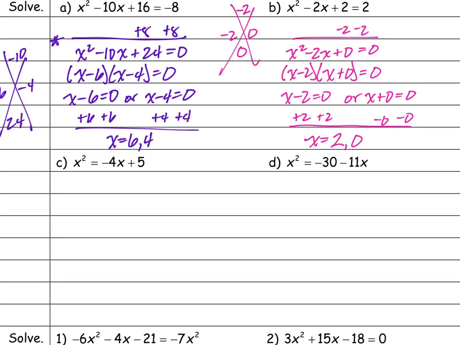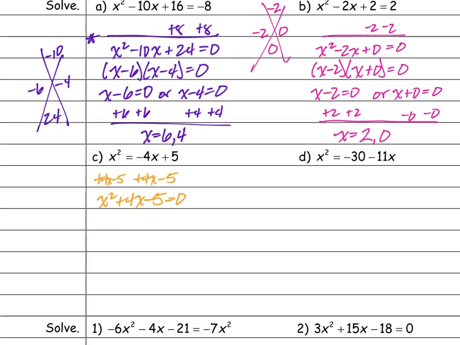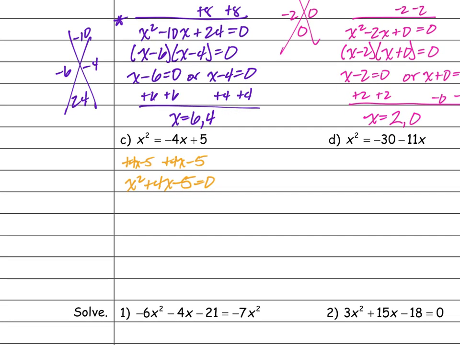I'll try and keep them up there so you guys can see those ones too if you need to. So this one I'm going to add 4x and subtract 5. So I get x squared plus 4x minus 5 equals 0. So I need 2 numbers that are going to multiply to be negative 5 and add to be 4. I'm pretty sure that's 5 and negative 1, because the only thing that multiplies to be 5 is 5 and 1.